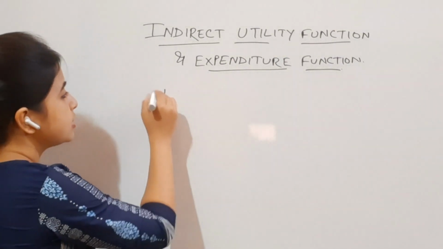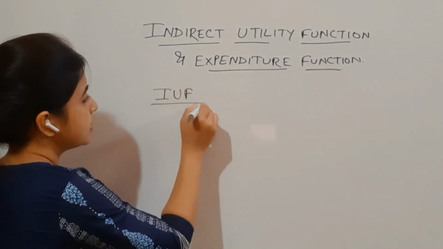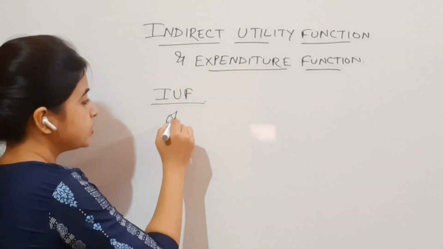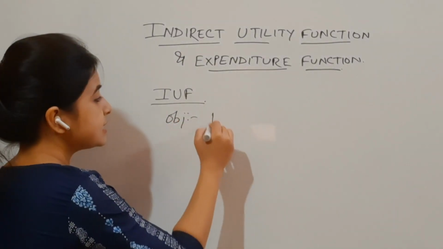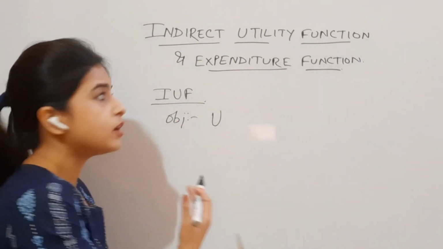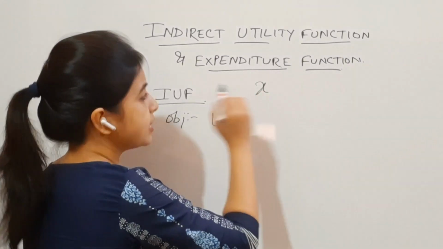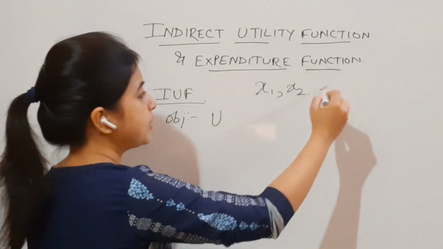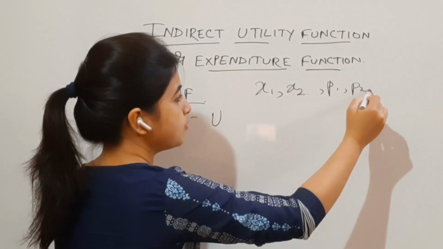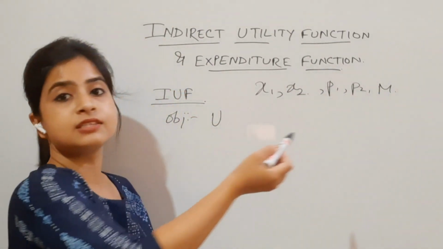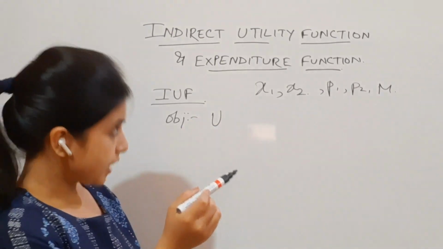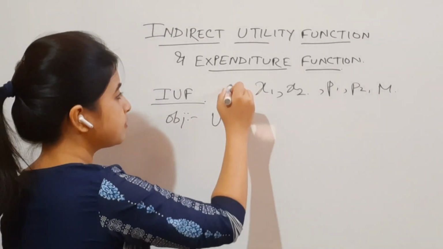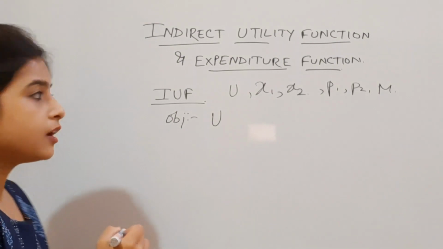Starting with the indirect utility function. Here, the objective function is the utility function. For now, I am considering only two variables, okay? Let's say x1, x2, the prices are p1, p2, the income I am considering as m, and the utility level I am considering as u.